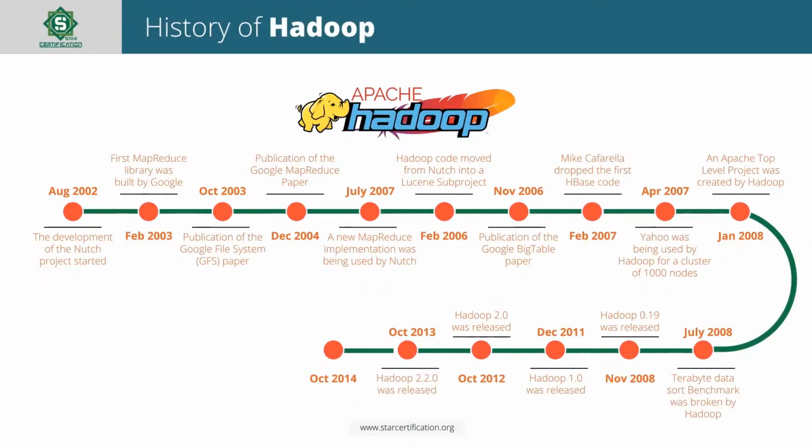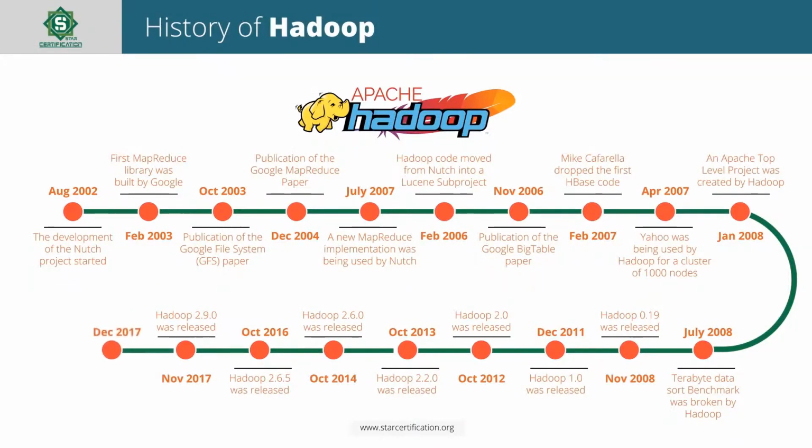October 2014, Hadoop 2.6.0 was released. October 2016, Hadoop 2.6.5 was released. November 2017, Hadoop 2.9.0 was released. December 2017, Hadoop 3.0.0 was released.